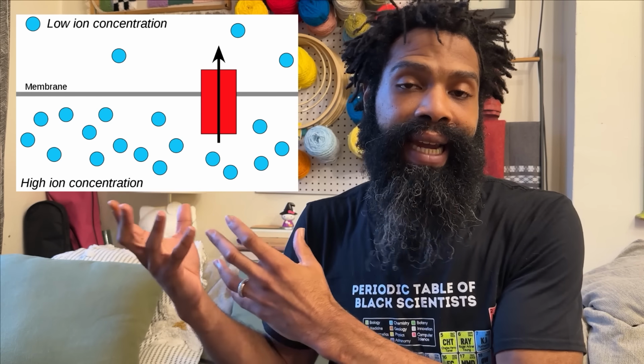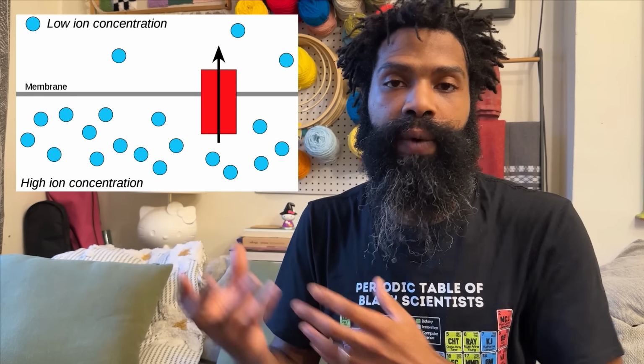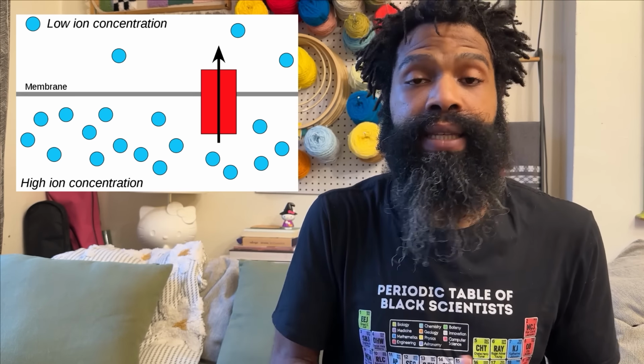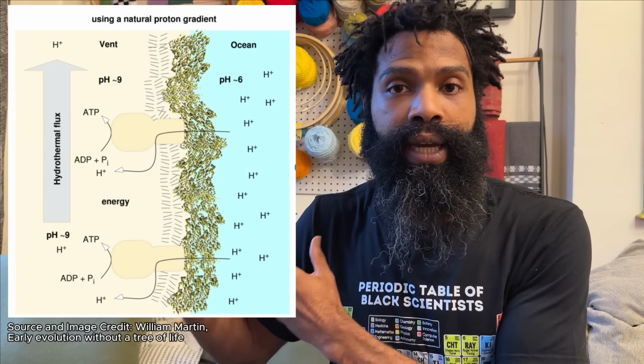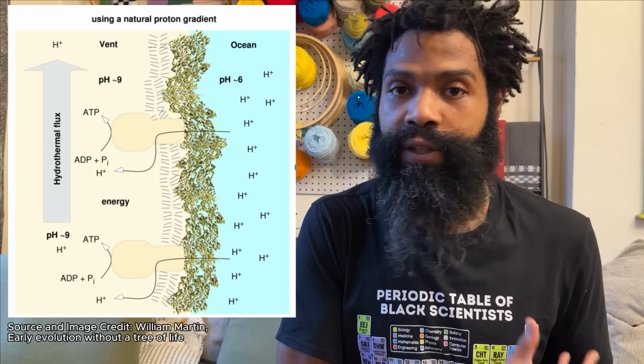The idea is that you can get energy out of the process of substances in high concentration trying to move somewhere where there's a lower concentration. In this case, protons in the acidic ocean trying to move to the alkaline vent where there are much fewer of them.